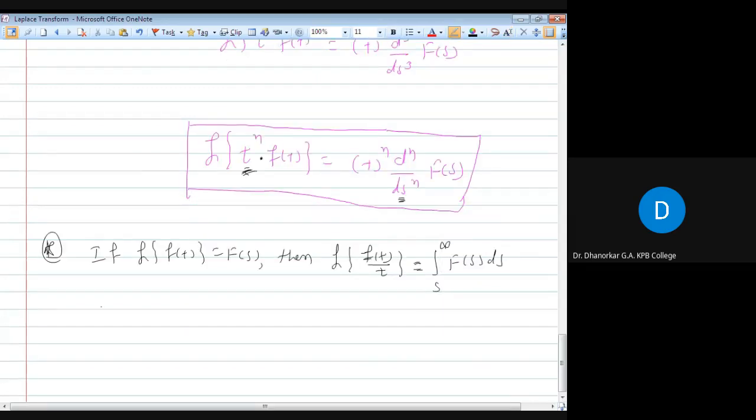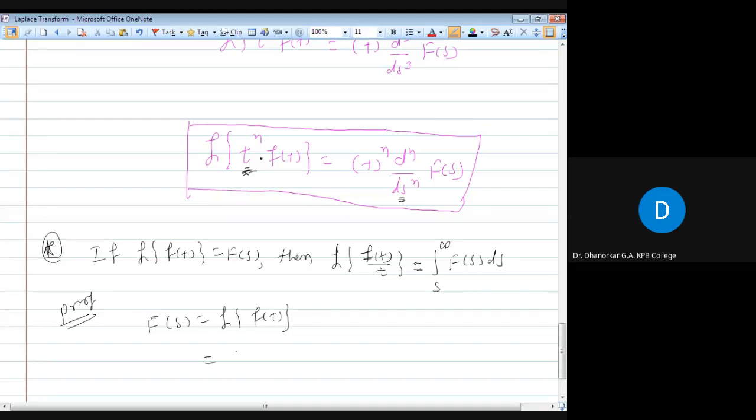Whether this formula works, how this formula works, and the proof of this. It is given that the Laplace transform of this function, F of s, is equal to the Laplace transform of f of t.